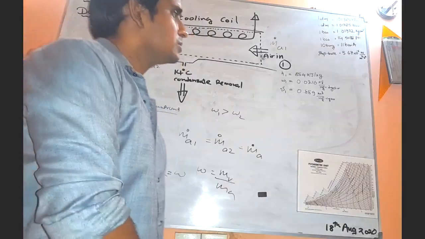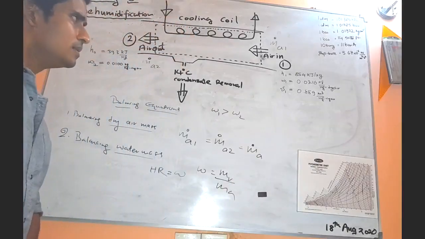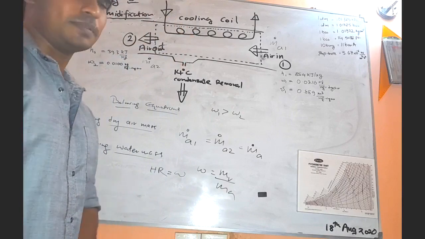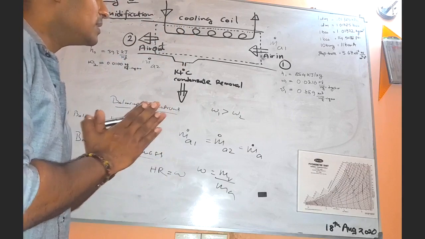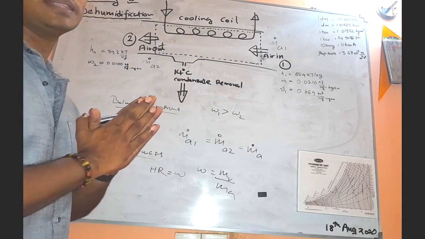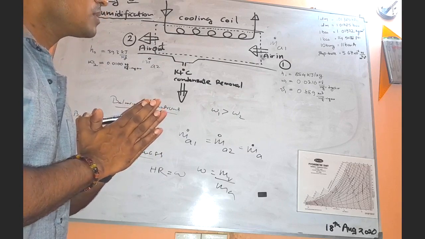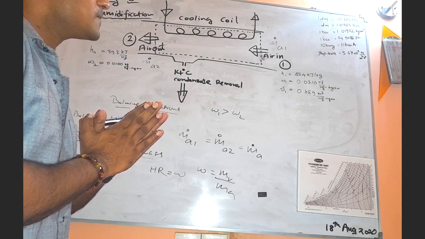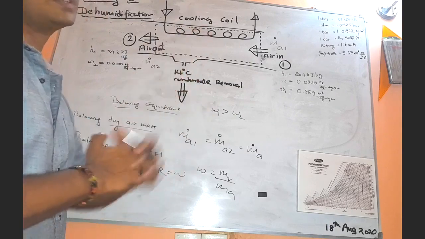Now when considering the mass flow rate of water vapor, we have to consider several paths. What is path number one? That is the input, because we get air from the entrance.